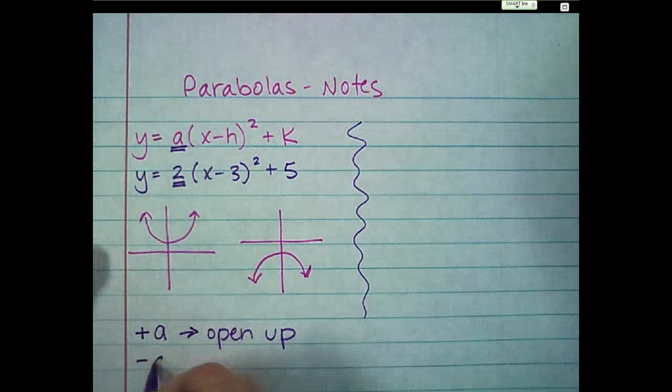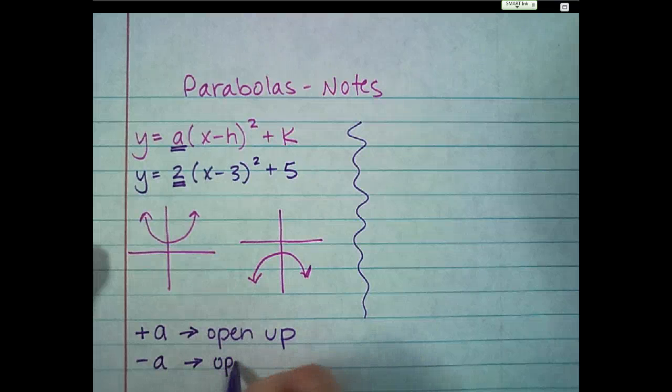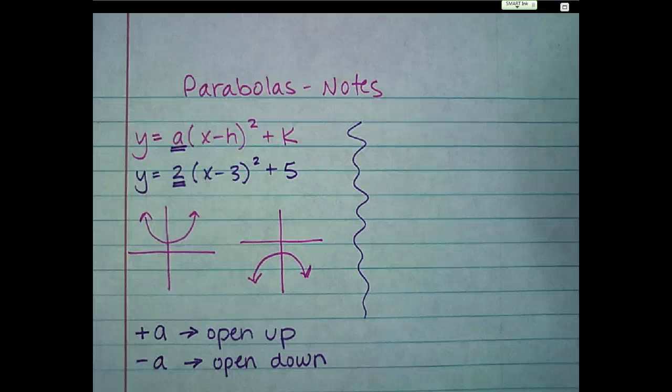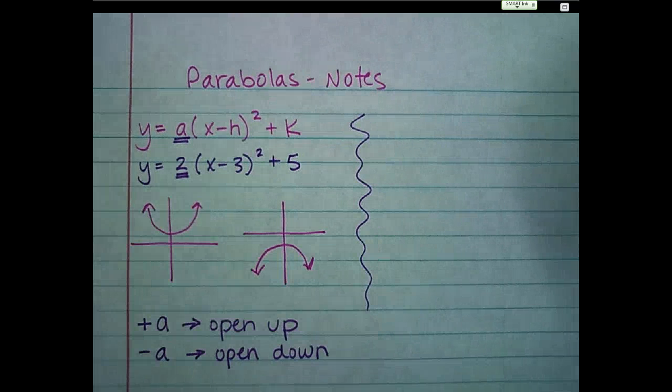If you have a negative A, you open down. So just by looking at this, first of all, let me ask you, what is A in this particular equation that I wrote? 2, right? A is 2, okay? And since 2 is positive, this parabola would open up.